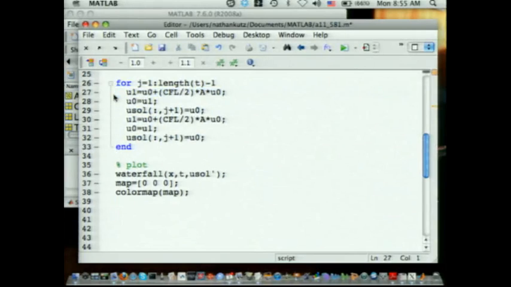What I'm going to do is this. My solution, let's call it u2, is equal to what it was. So u1 is my current time, u2 is my future, u0 is my past. And now in this case you're going to have CFL A times u1.